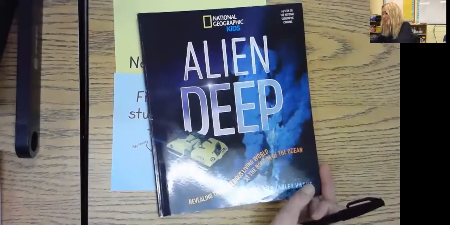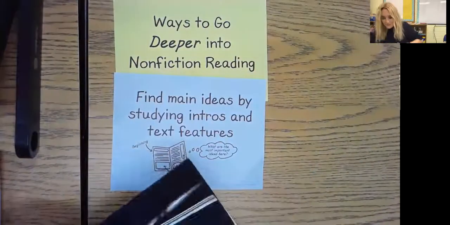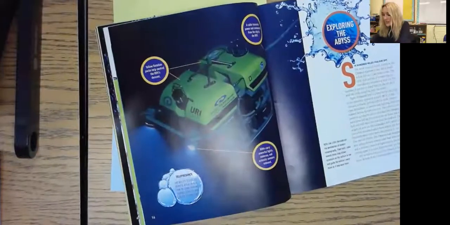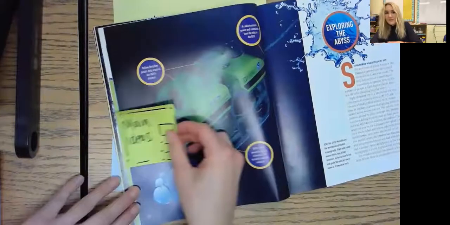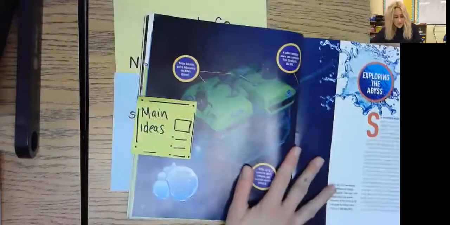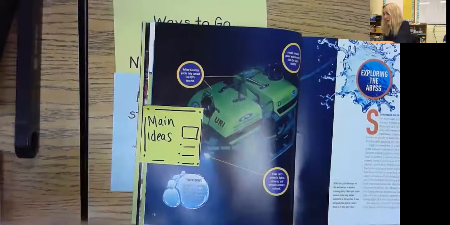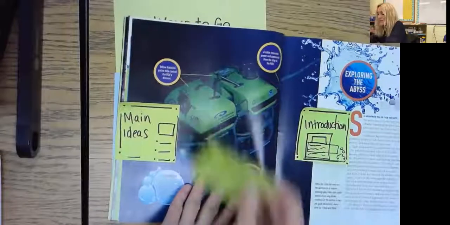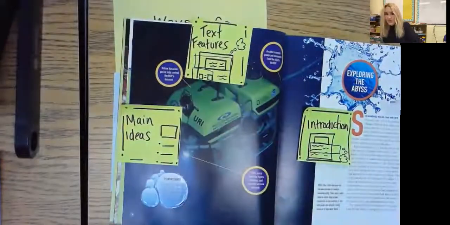So we're going to jump to a section and we're going to try this work out. And as soon as we get here, our mission really is to figure out the main ideas. So let's try this new strategy by looking at the introduction. So we'll look over here at the beginning of the text, and we'll also look closely at the text features.